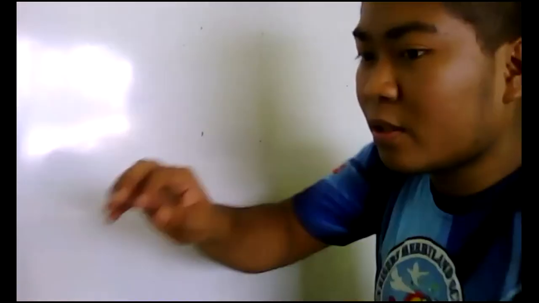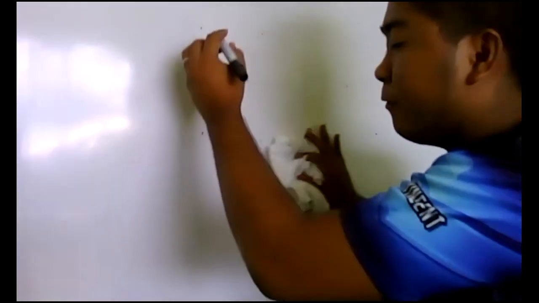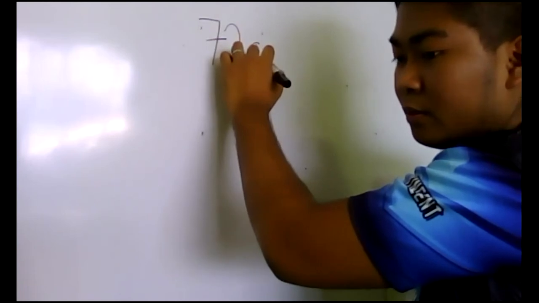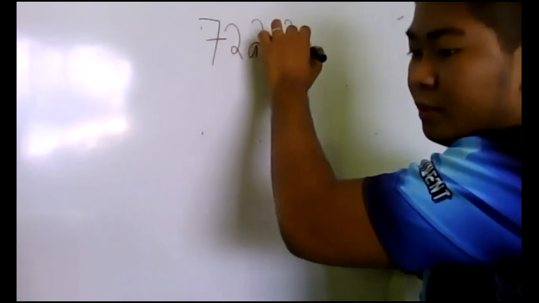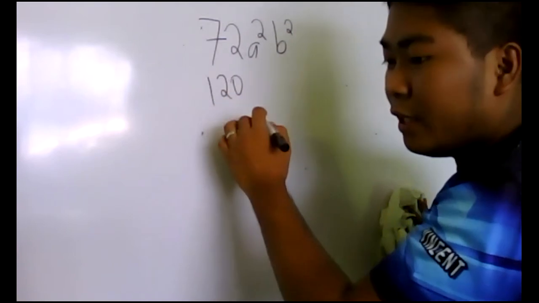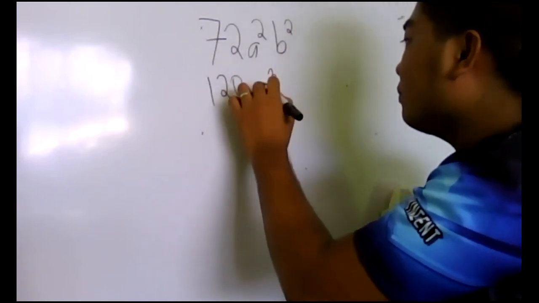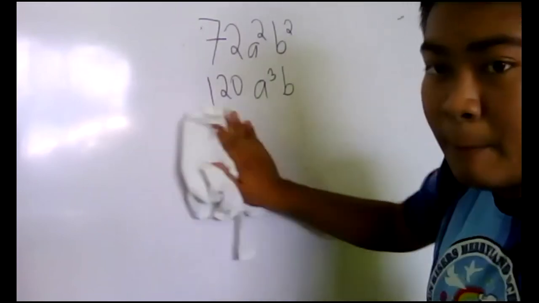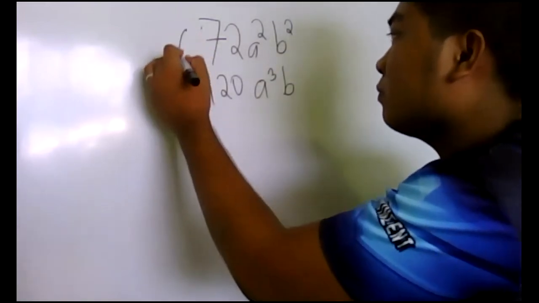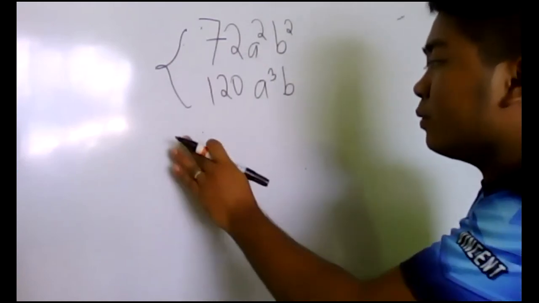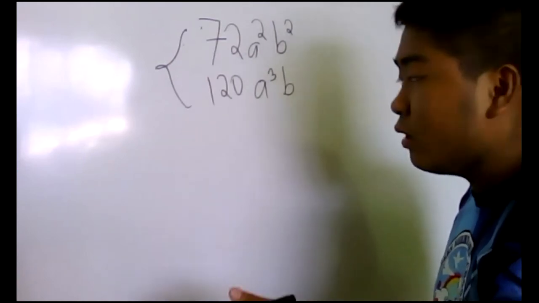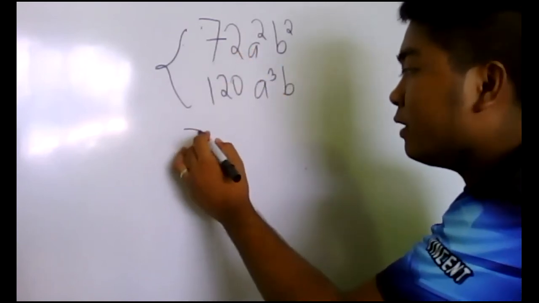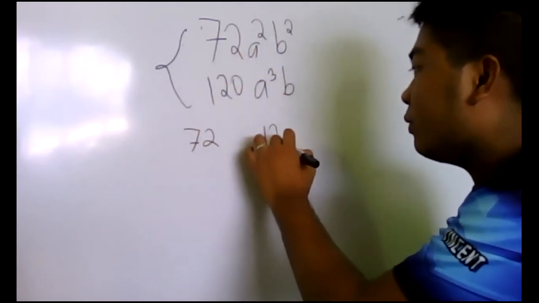So find the greatest common factor of 72a squared b squared and 120 a cubed b. So let's try to list down all the possible factors of 72. So using factor 3, we have 72 and 120.